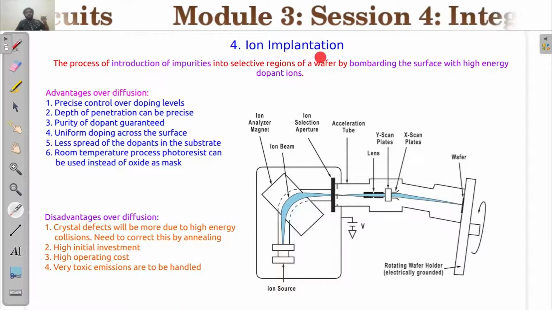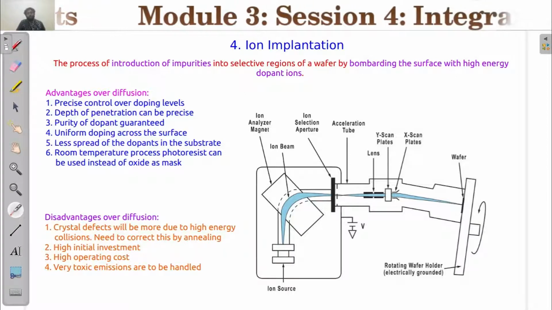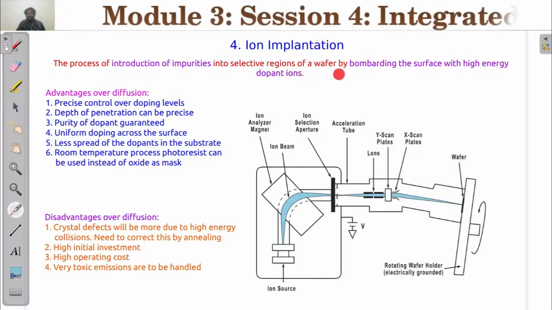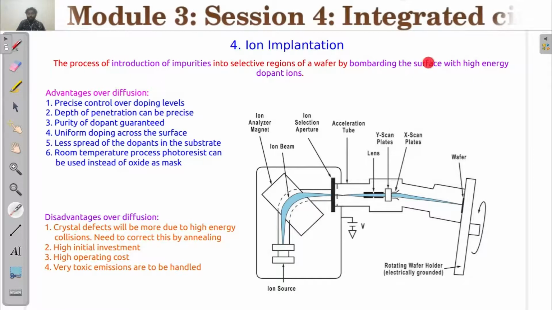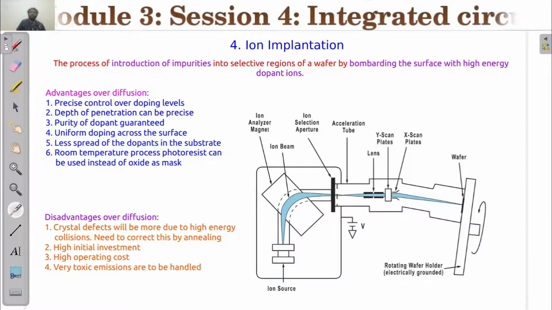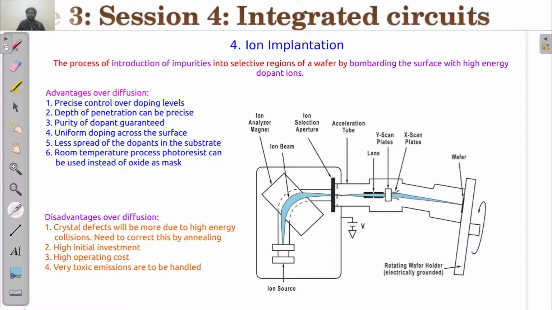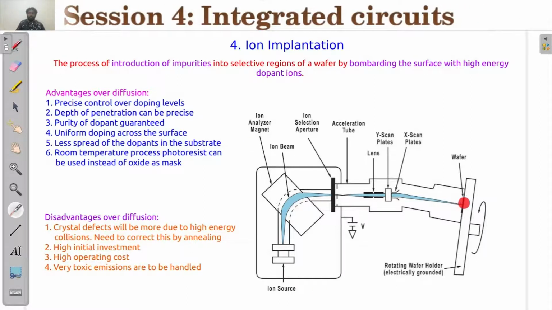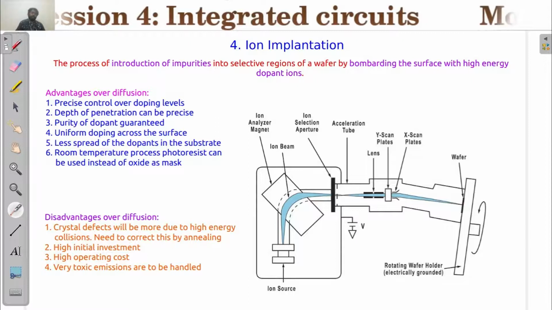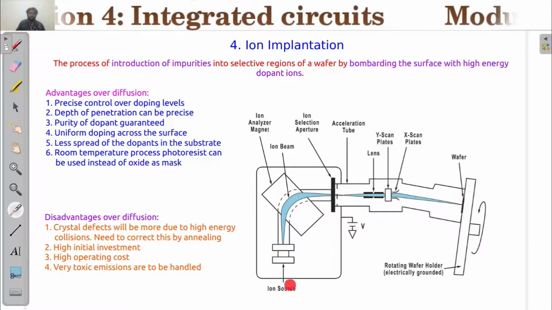And ion implantation is a process of introduction of impurities into selective regions of a wafer by bombarding the surface with a high energy dopant. So we will be having a setup like this, where the wafer is located here on a rotating wafer holder, and there is an ion source here.